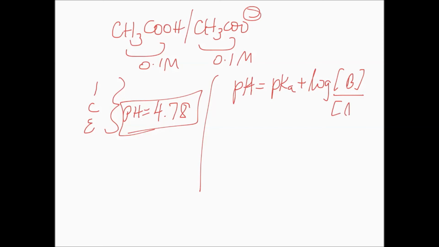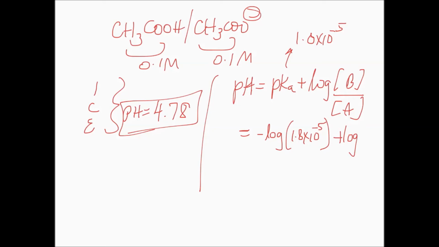Of course, I will need the pKa of acetic acid, or at least the Ka of acetic acid, which by the way is 1.8 times 10 to the negative fifth. So I can say it's negative log of 1.8 times 10 to the negative fifth plus log of the base here is acetate, so that's 0.1. The acid here is acetic acid, which is 0.1 as well.